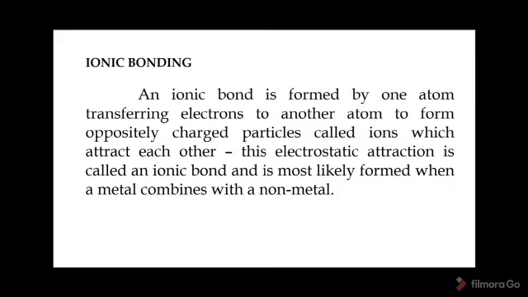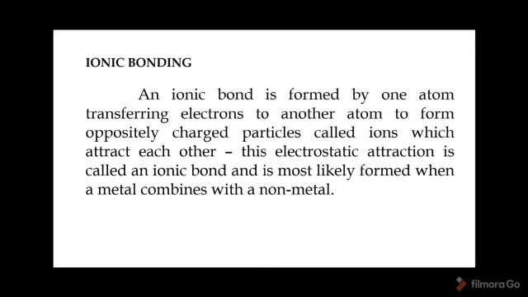An ionic bond is formed by one atom transferring electrons to another atom. The atom that loses electrons becomes a cation, and the atom that gains electrons becomes an anion, giving oppositely charged particles called ions, which attract each other. This electrostatic force of attraction is called ionic bonding and is most likely formed when metals combine with non-metals.